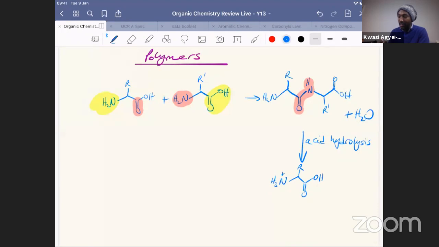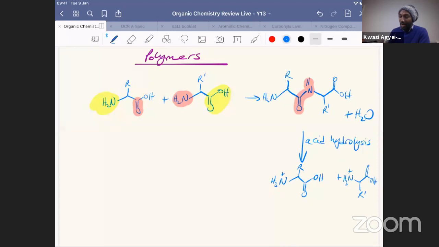Because we've got acidic conditions, the amine is protonated, and over on the right hand side you would end up with, again, your ammonium species and your R1 and your carboxylic acid group.